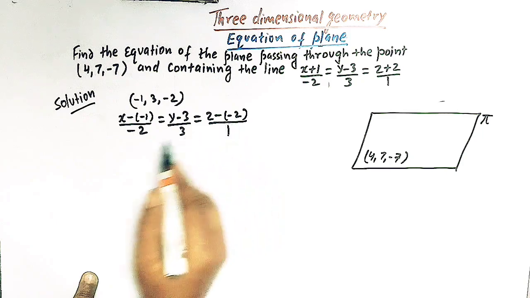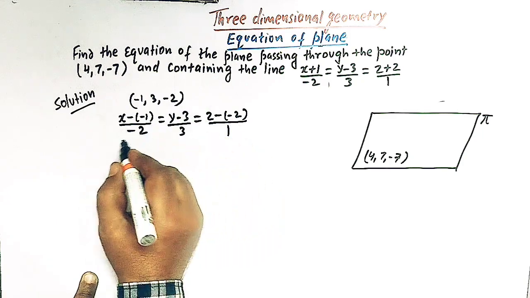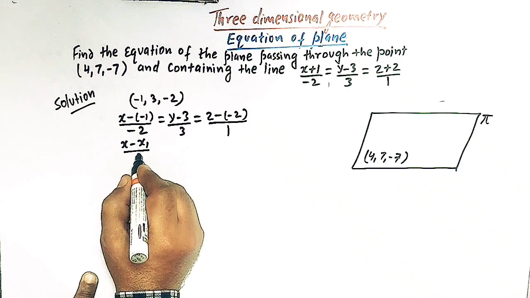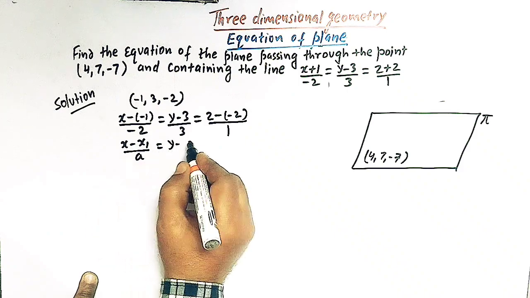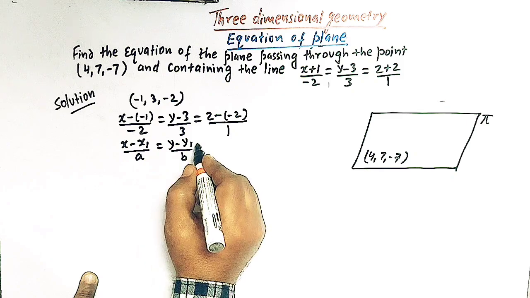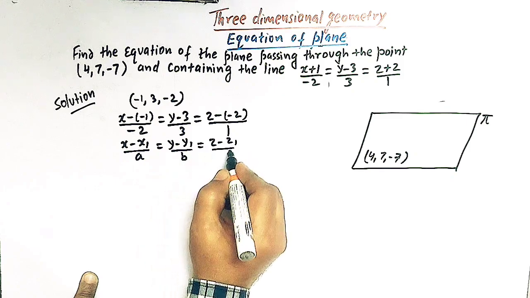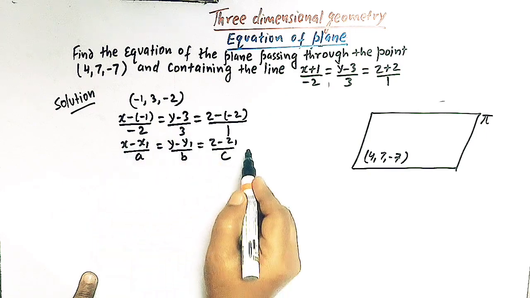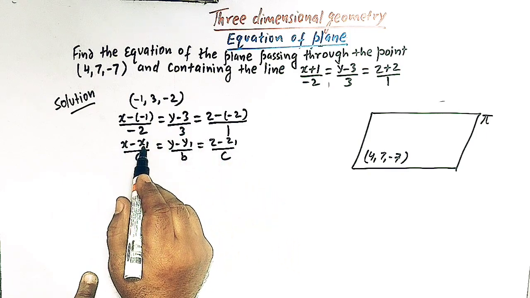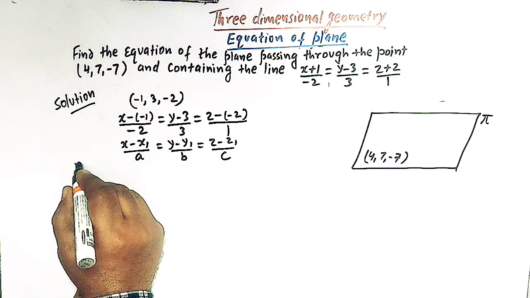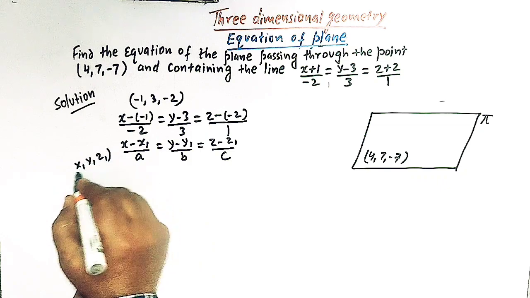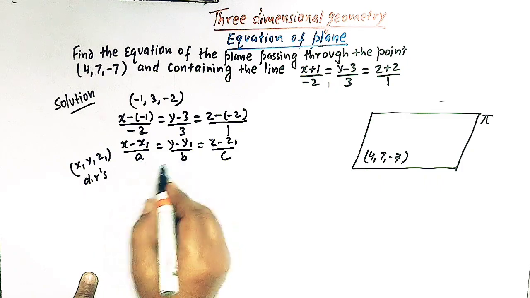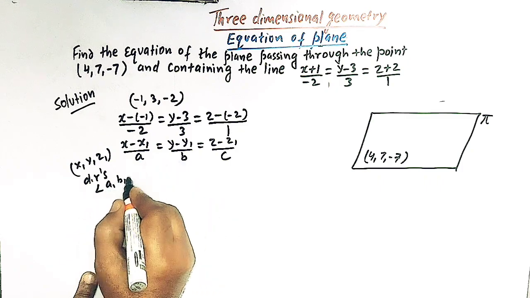See here the equation of a line in symmetric form may be written as x minus x1 over a, y minus y1 over b, and z minus z1 over c. So whenever we are given the equation of a line in this form, then the line passes through this point, that is x1 y1 z1, and the direction ratios of the line are given by a, b, and c.